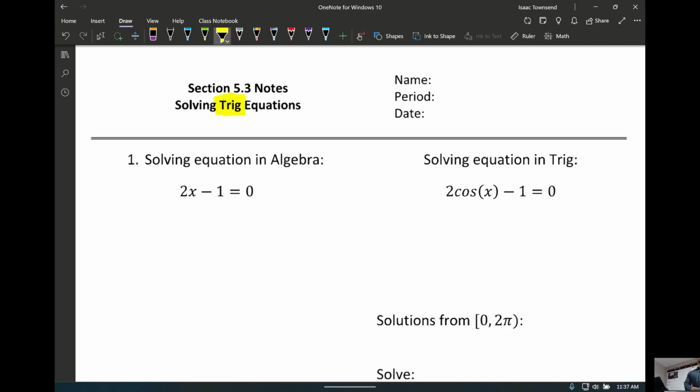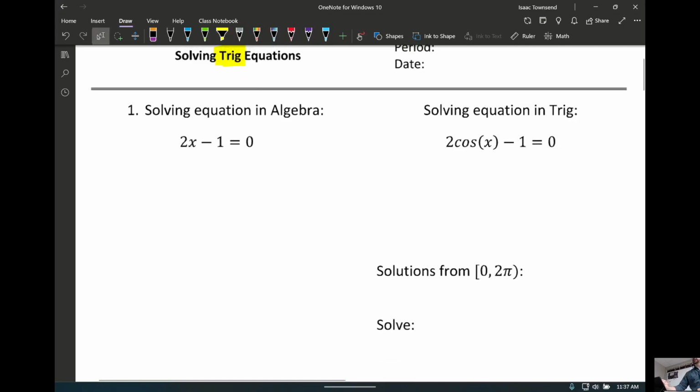Now, the good news is most of these questions don't really require much additional knowledge besides unit circle and knowing how to write your answer. There's 2 ways that you will be asked to write your answer, either like this or like this. In the notes, we're going to go ahead and write it both ways every single time, but on the actual quiz, on the practice quiz, and on the book assignment, they only ask for 1 at a time, so you need to pay attention to the directions.